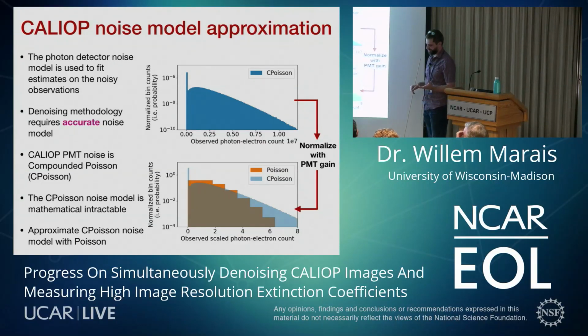And so that's what we do: we take the measurements that come out of the PMT, we normalize them with the gain of the PMT, and we approximate the normalized values with the Poisson noise model. So that's an approximation that we do. And even though it's an approximation, we are still able to accurately infer the T-net backscatter coefficient from the measurements.